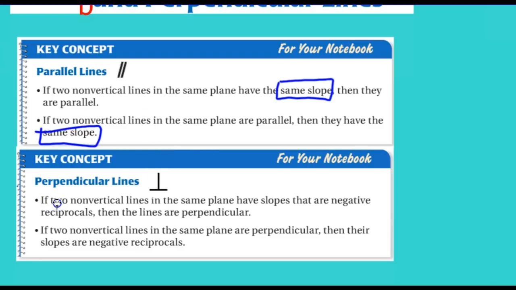Perpendicular lines: if two non-vertical lines in the same plane have slopes that are negative reciprocals, so a negative reciprocal makes them perpendicular. Conversely, again, if two non-vertical lines in the same plane are perpendicular, then their slopes are negative reciprocals. So this symbol here means parallel, and this symbol here means perpendicular.